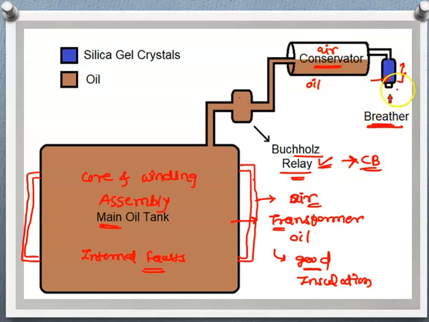Also, we have another device here which is called a breather. When the oil expands, the air is pumped out through this breather, and when the oil contracts in winter season, this extra oil is filled into the main tank, and the empty space is filled with the surrounding air, so that outside air is sucked in with the help of this breather.